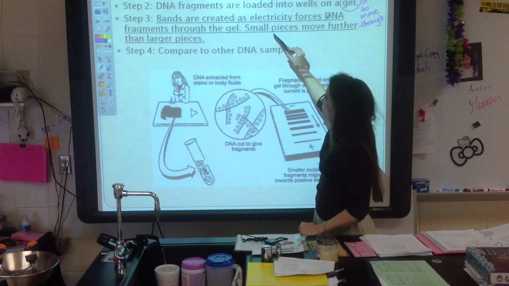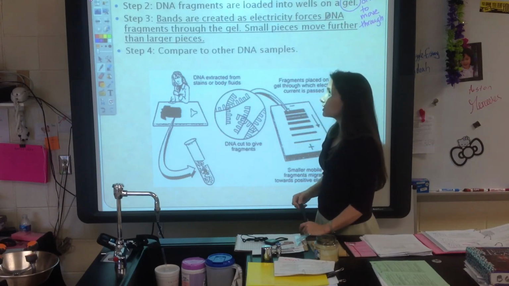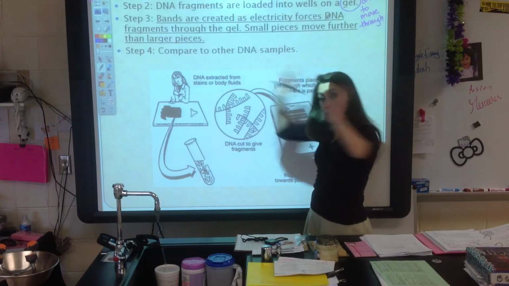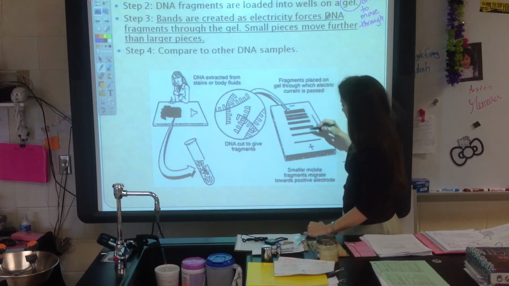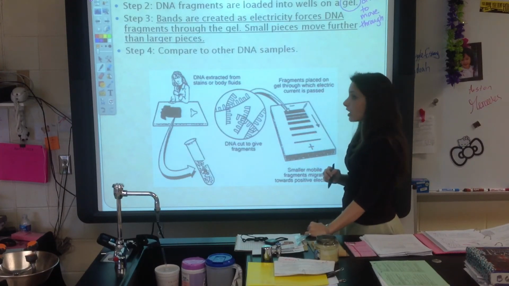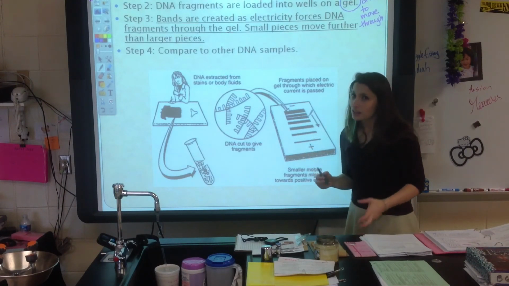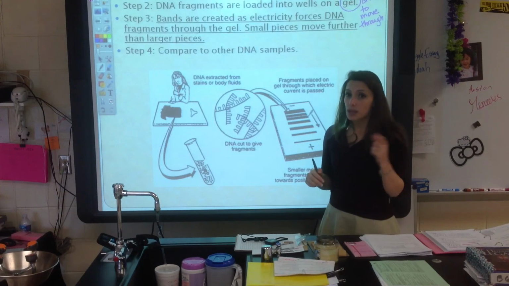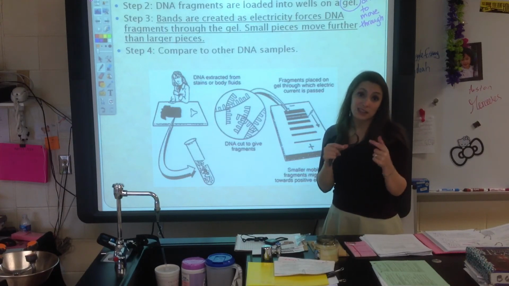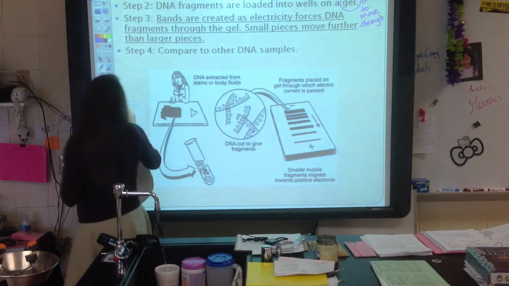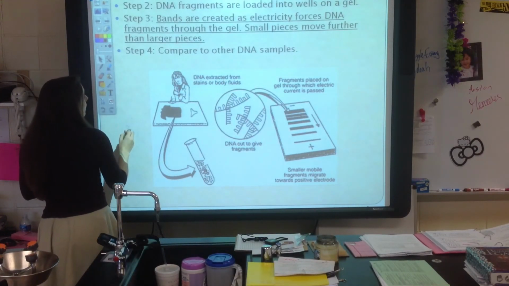And so that's exactly what happens with our DNA fingerprinting, is when we add the electricity it pushes the smaller pieces further, and that's how we end up with some pieces at the bottom and some pieces still at the top. Now the bands here that you see, they look like they're the same size, but that's just because there were that many pieces that were that length. And so this is what creates a DNA fingerprint.